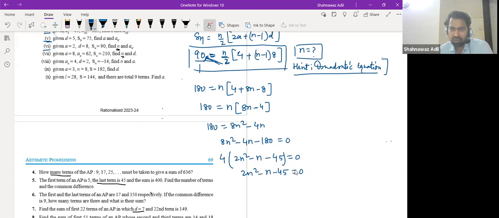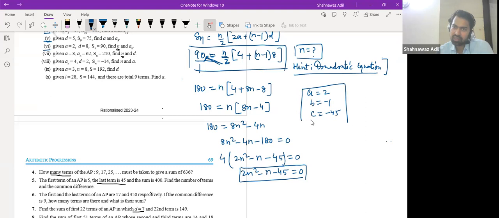You already know how to solve this quadratic equation. So can you tell me what would be the factors if we do the middle term splitting? A is 2, B is minus 1, and C is minus 45.